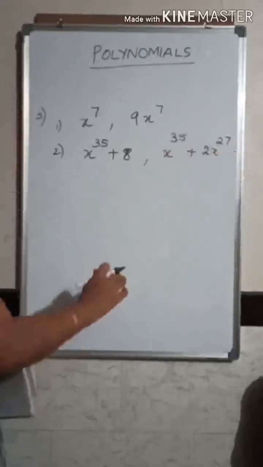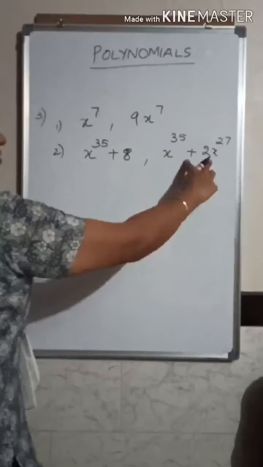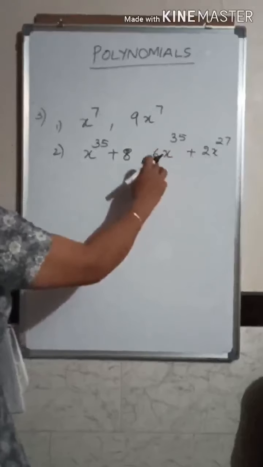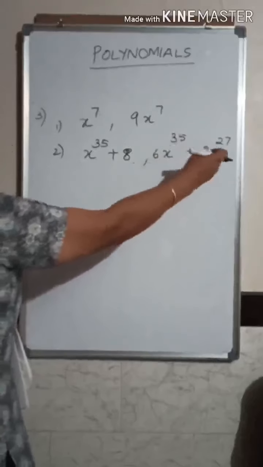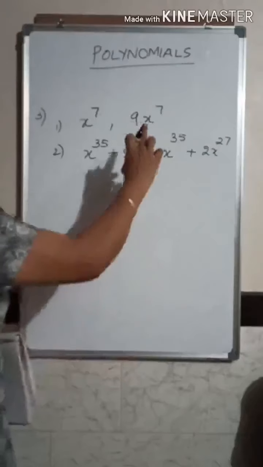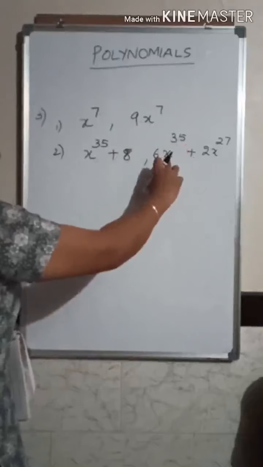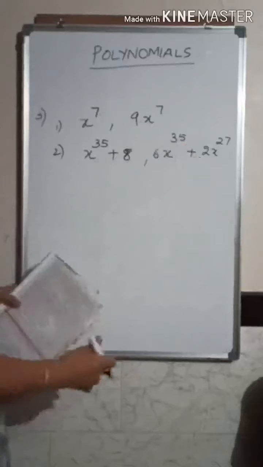Any number you can write, but you should have two terms. The first term can have a coefficient also, 6x to the power of 35 plus 2x to the power of 27. The degree, that is the highest power, should be 35. It should have the variable x and it should have two terms. That is the condition given.